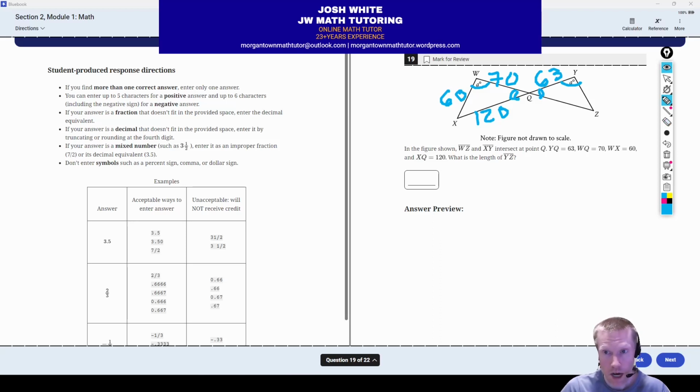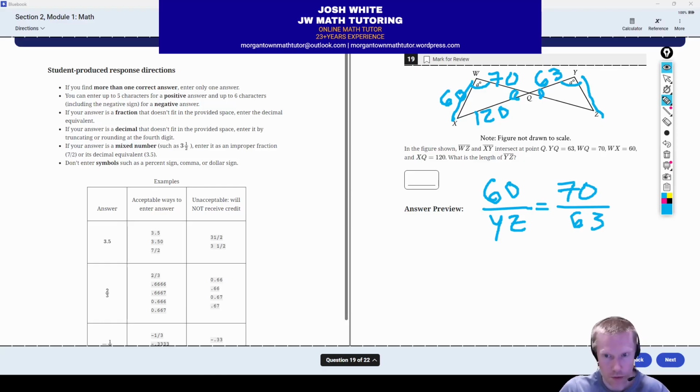So notice YZ right here is going to correspond to WX, okay? So I'm going to put the 60, which is WX, on top, and YZ, which is the side over here, on the bottom. And then I'll do the same thing with two other corresponding sides, like the 70 and the 63. So 70 is from the triangle on the left, 63 is on the triangle on the right, that one goes on the bottom.